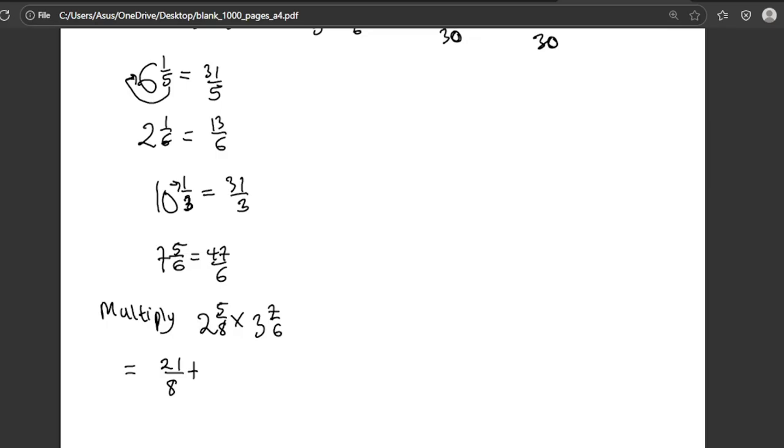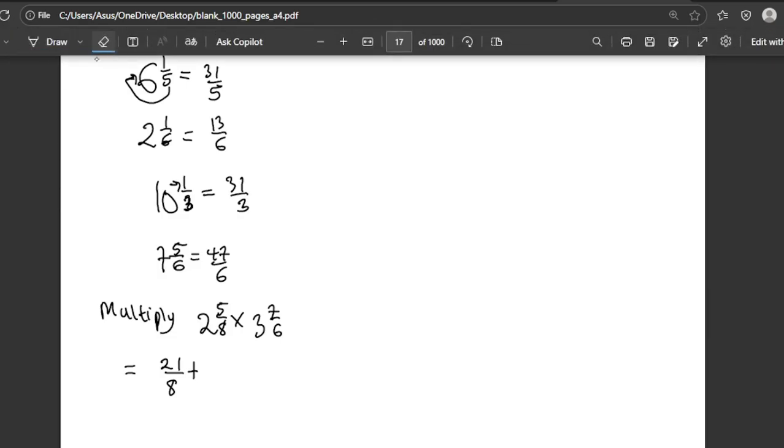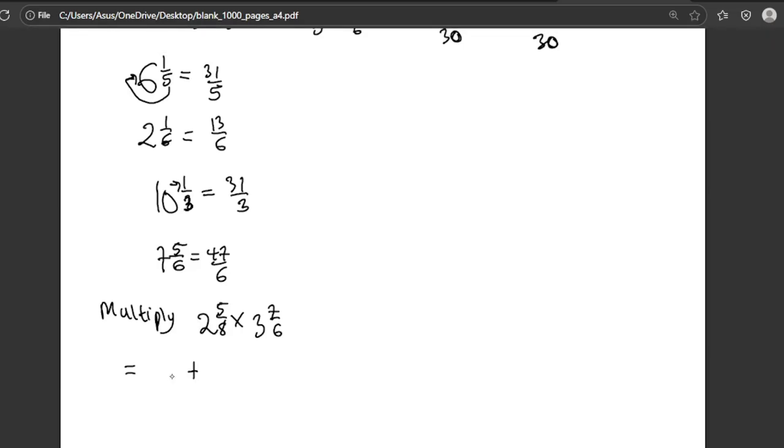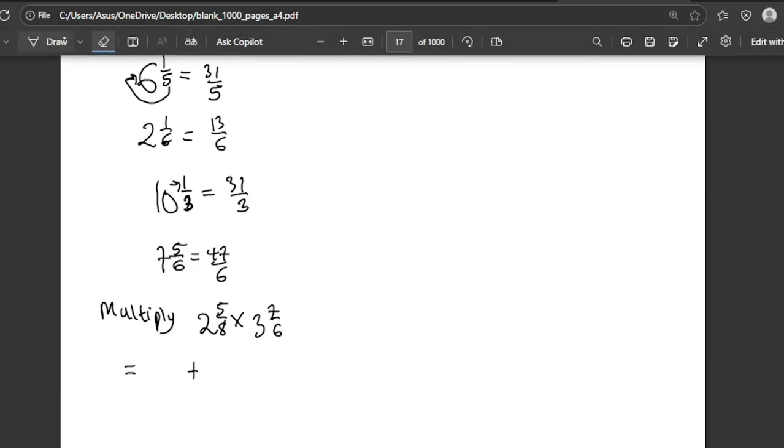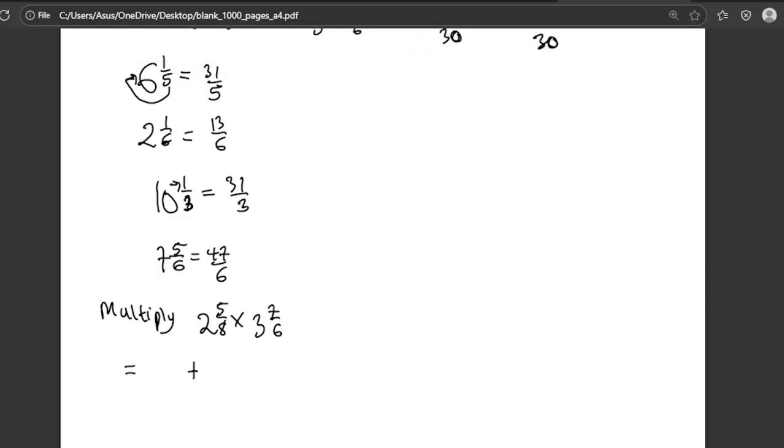So we want to multiply these also. 2 whole number 5 over 8 times 3 whole number 7 over 6. First step, convert the two back to proper fractions. How do we do that? For the first fraction, we have 8 as the denominator. Multiply 8 by 2, the whole number. 8 times 2, 16. Add it to the numerator: 16 plus 5, 21. 21 over 8.